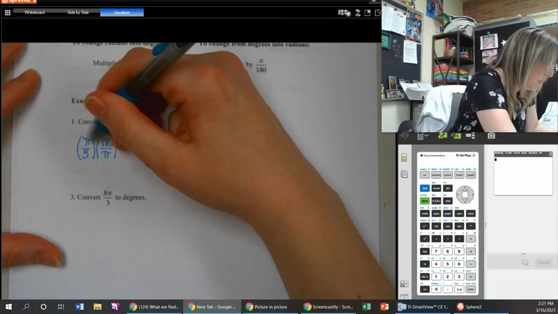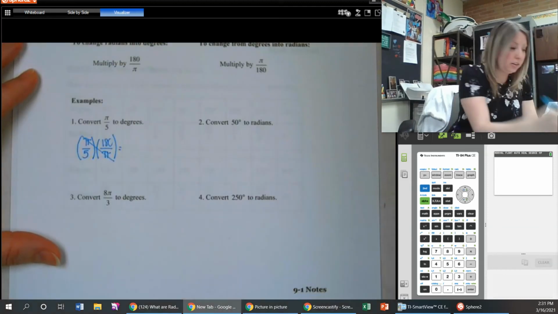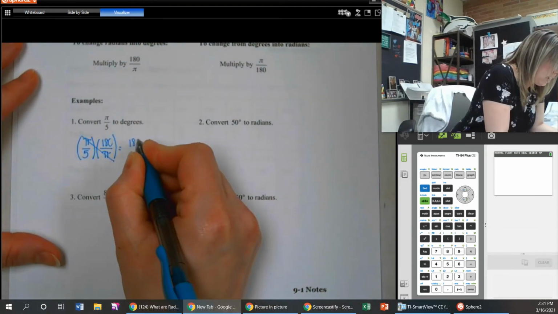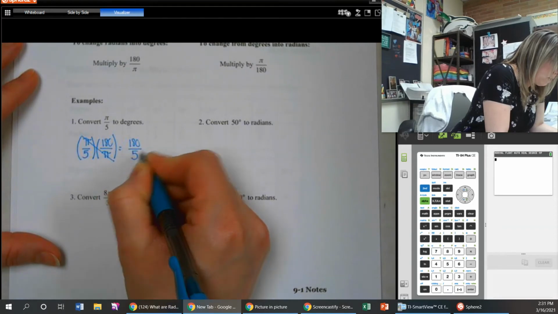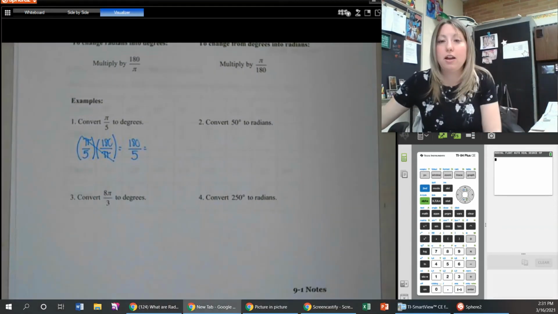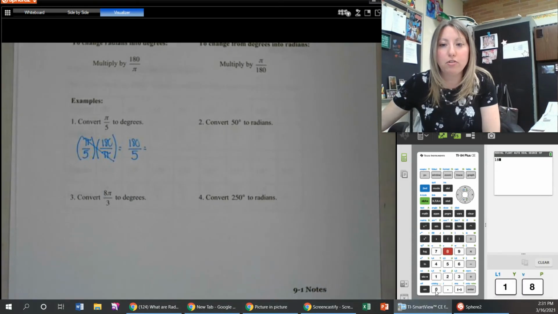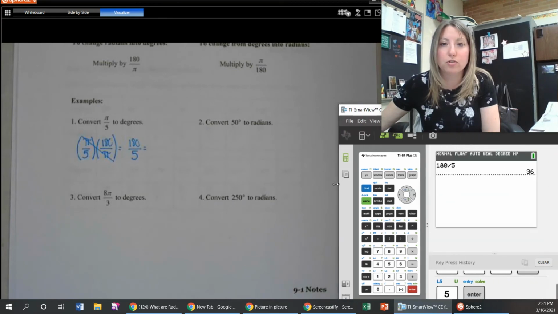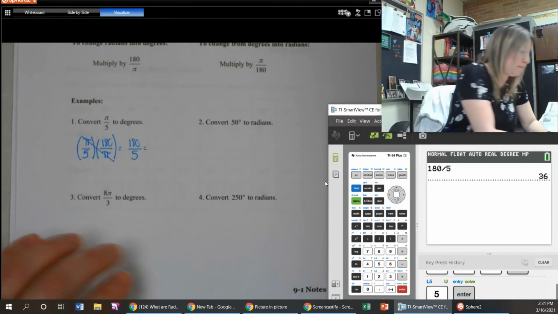So pi over pi is now gone, and really what I have is 180 divided by 5. So take your 180 and divide it by 5 to get our angle measure in degrees. So pi over 5 radians is, let me make that bigger so you can see it, 36 degrees.